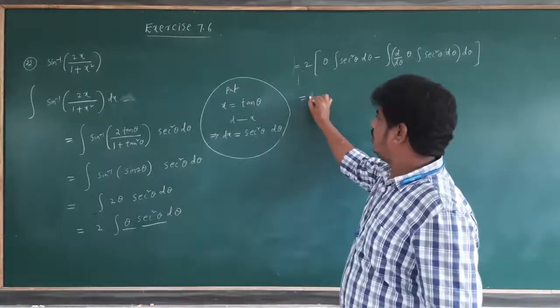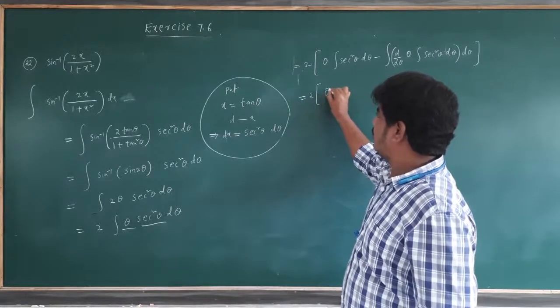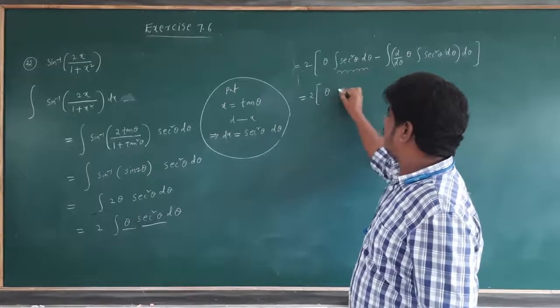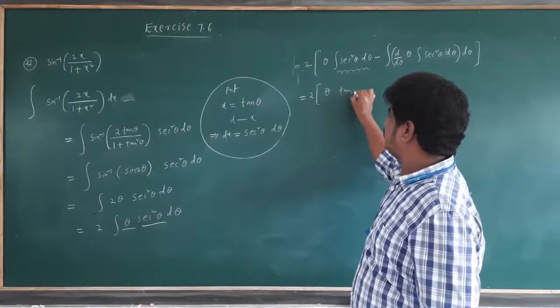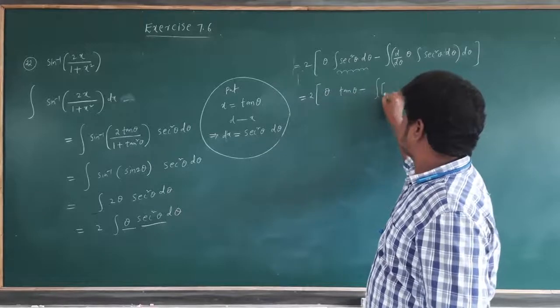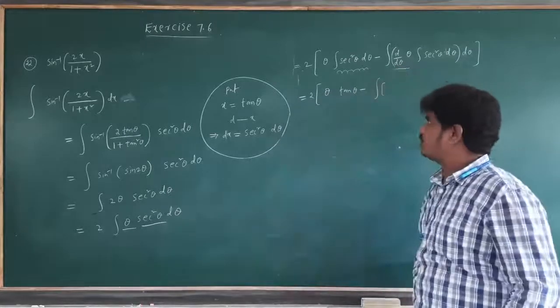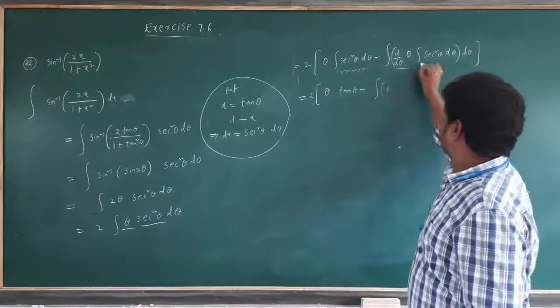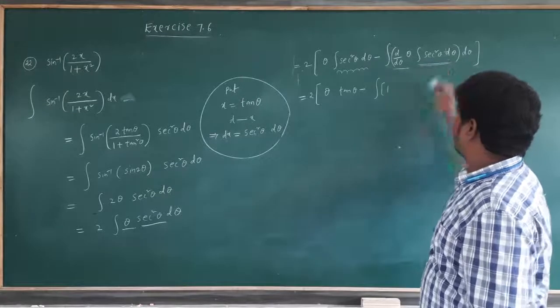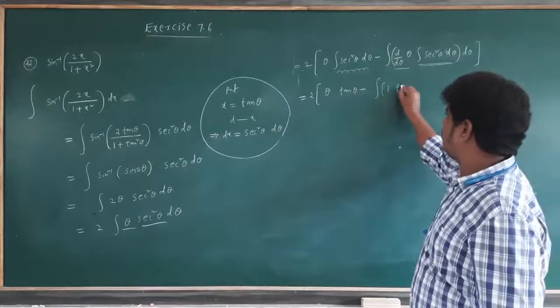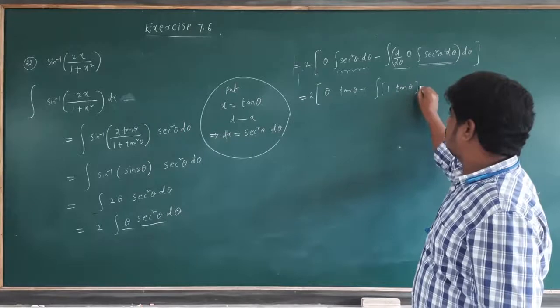Now this is equal to 2 into theta. The integral of secant square theta is tan theta, minus the derivative of theta with respect to theta is 1, into the integral of secant square theta, which is tan theta, d theta.